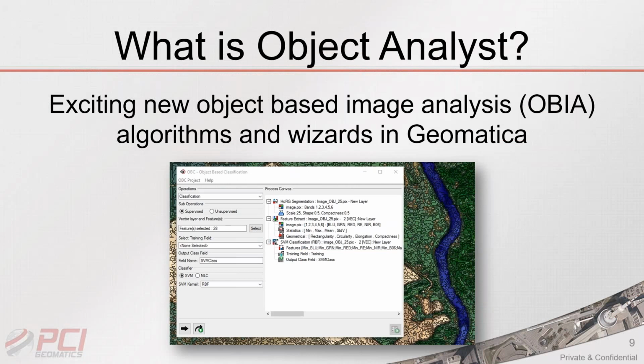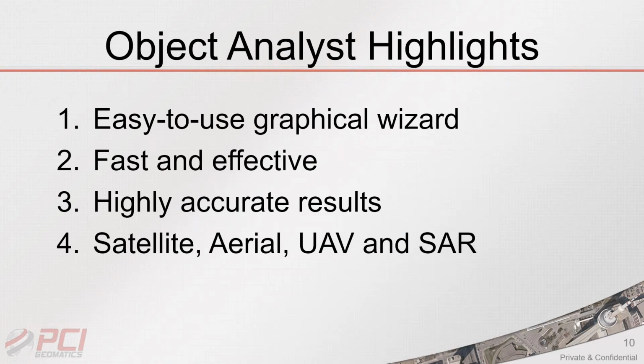Object Analyst is a new package that provides image segmentation, classification, and feature extraction. This type of analysis is also known as geospatial object-based image analysis, or GeoBIA. In terms of the highlights of this package and some of the details that we'll get into during the demonstration, you'll see that Object Analyst is easy to learn and easy to use for object classification and segmentation for both experts and non-experts alike.